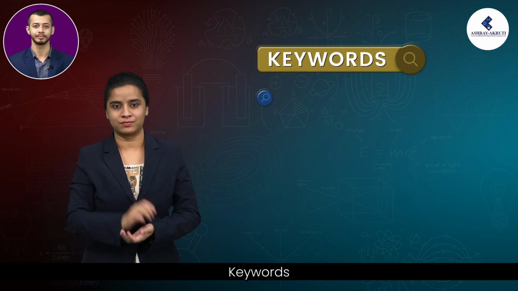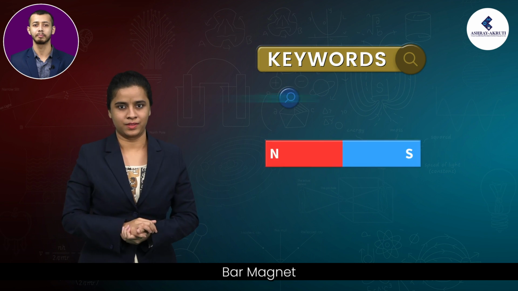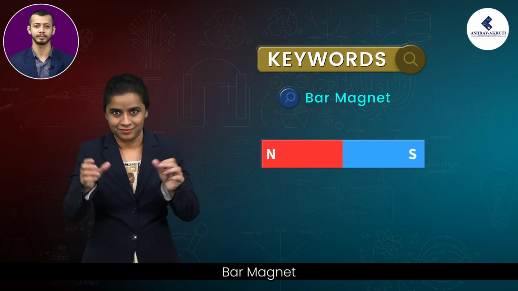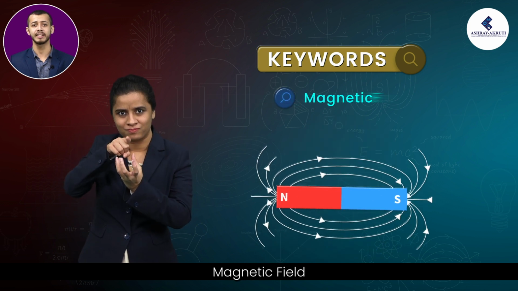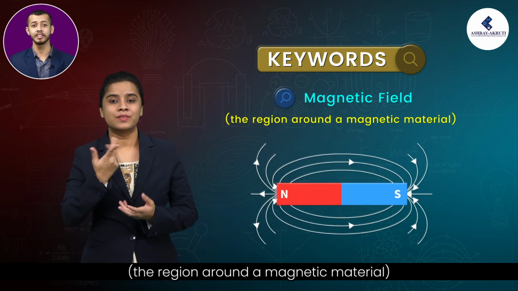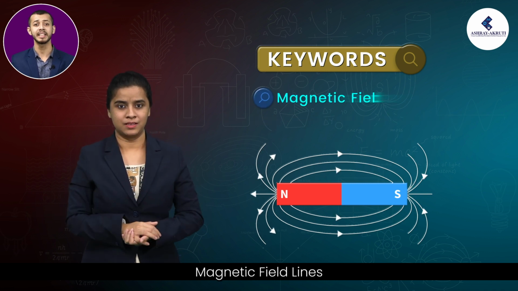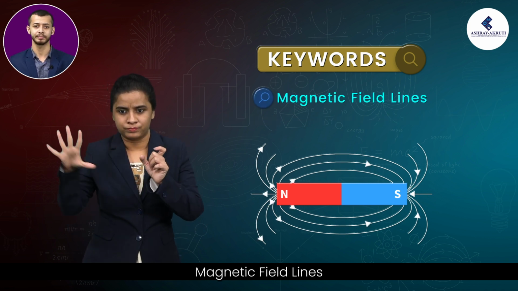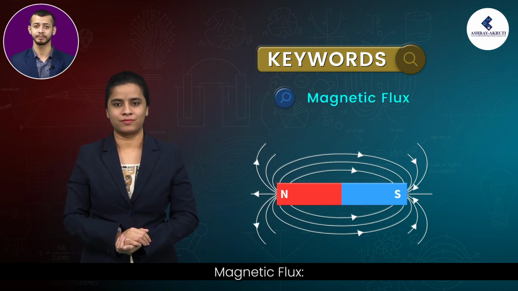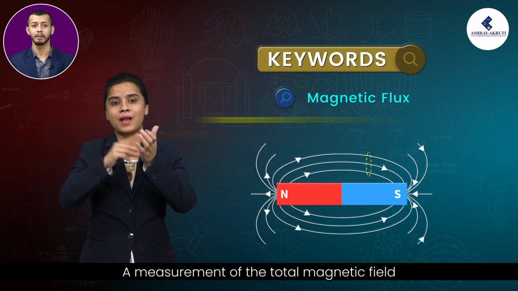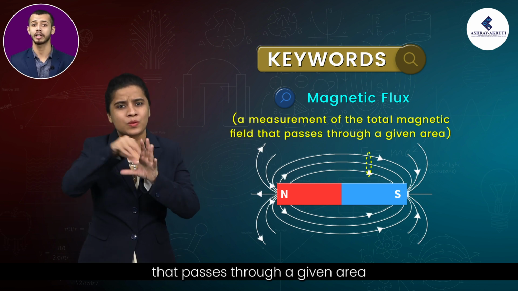Keywords: Oersted experiment, bar magnet, compass, magnetic field, the region around a magnetic material, magnetic field lines, magnetic flux, a measurement of the total magnetic field that passes through a given area.